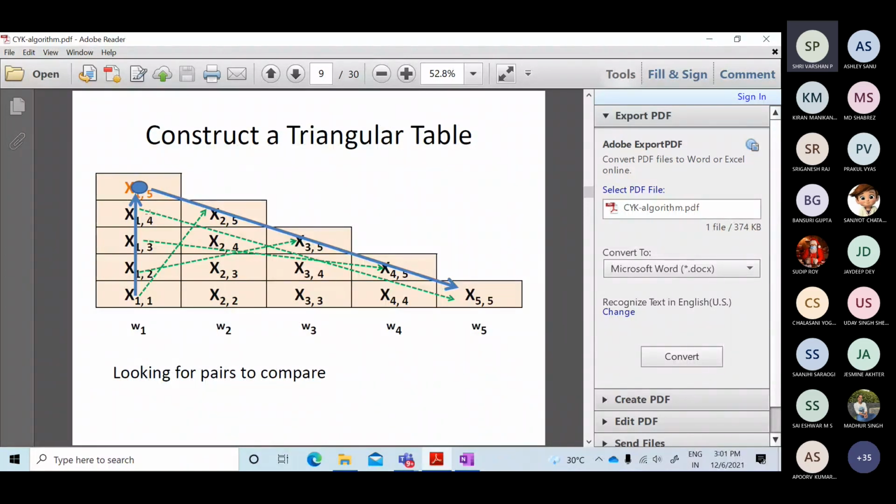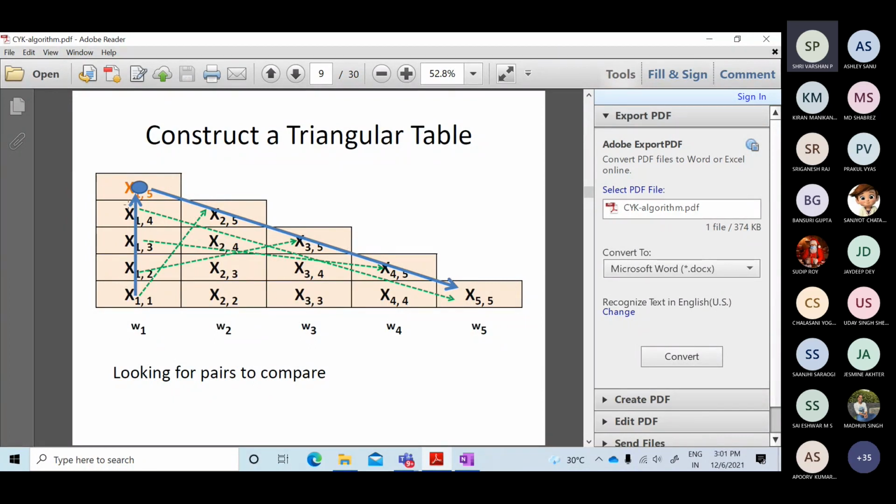And how am I going to make use of these entries? Here I'm having a field over here, right? This first one, and here I'm considering this blue line and this blue line.